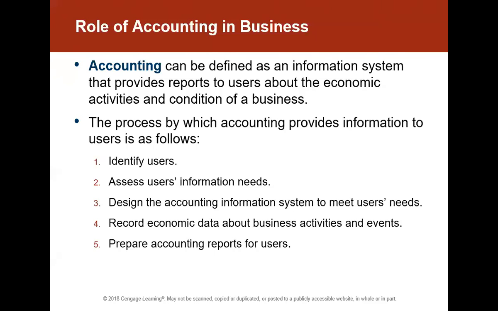So really what we do is we take information and turn it into useful reports to make decisions. Accounting leads decision making. If you think about it, everything's based on numbers and data and research. So it really does drive a lot of our business. Of course, there's lots of information that we use, and we're going to learn about that.